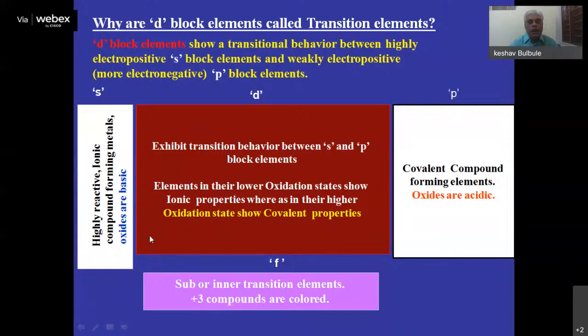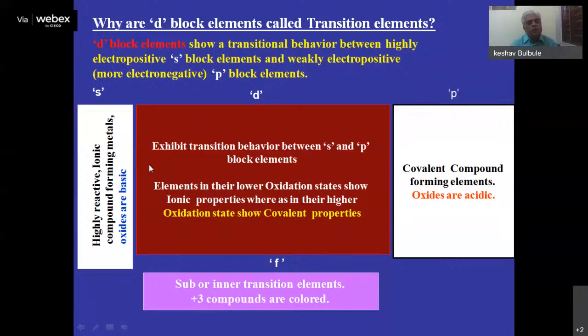In fact, Mn can form different oxides. MnO we have got, MnO2 we have got, KMnO4 we have got, and MnO is going to be more ionic, similar to these S block elements, whereas KMnO4 is more covalent, similar to such P block elements, and therefore these are generally called the transition elements because they show a kind of transition in going from left hand side to the right hand side.